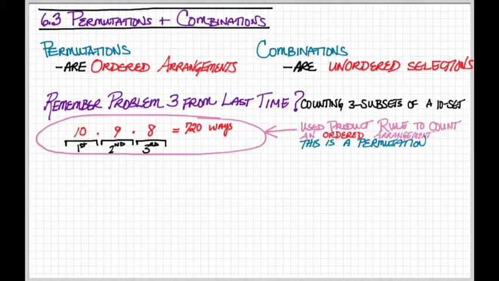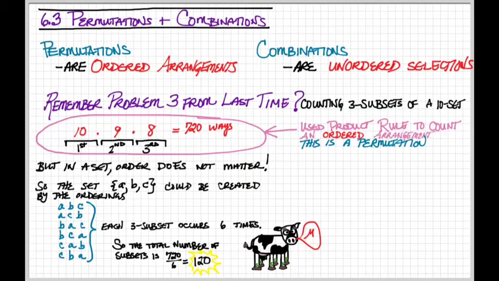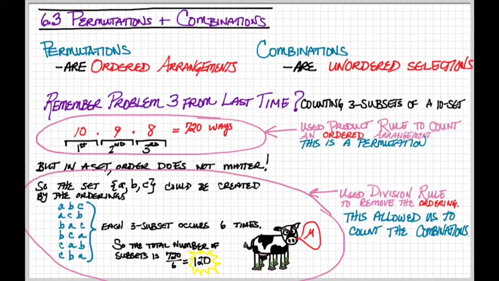At the moment, we're looking at a permutation. But because we're looking for a subset, there's no order involved. Our second step was to use the division rule to divide out by the duplication. This is what allowed us to remove the ordering and then count the combinations.